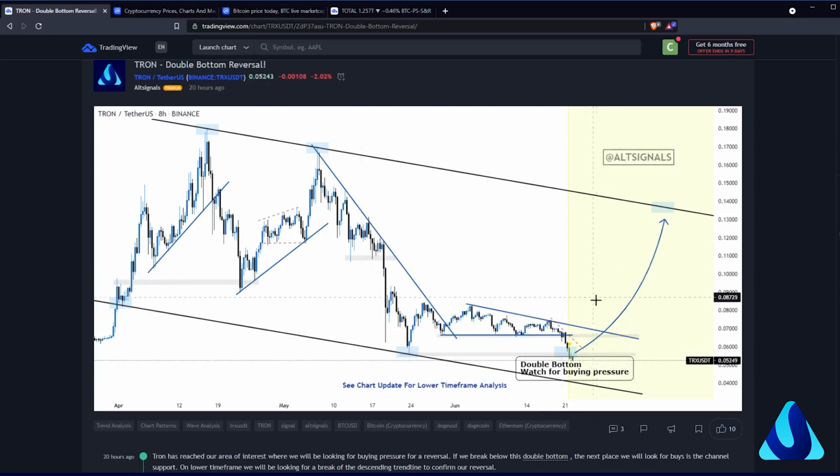So if you are wanting to look at potentially buying Tron and seeing whether or not you can make some profits off of it, then at this point the area we would be focusing on would be around about here, and then we potentially would see a move to the upside again, and maybe something like this would play out where we see an increase in price.